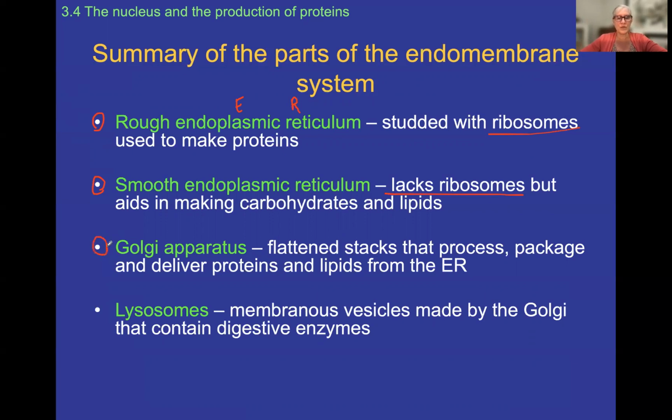Golgi, you saw in the picture, flattened membranes that help in processing and packaging up the product. And then of course we deliver those. And the lysosome, if you see a description of that on the test, you know that these are little vesicles that can help digest what has come in. So they're all part of what we call the endomembrane system.